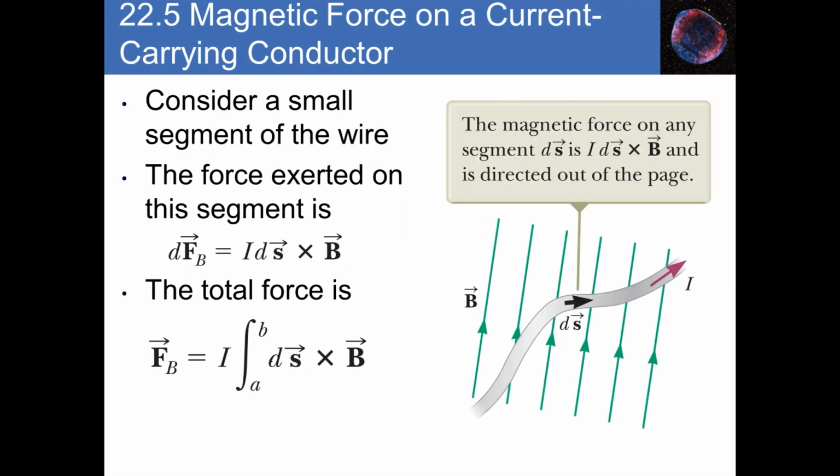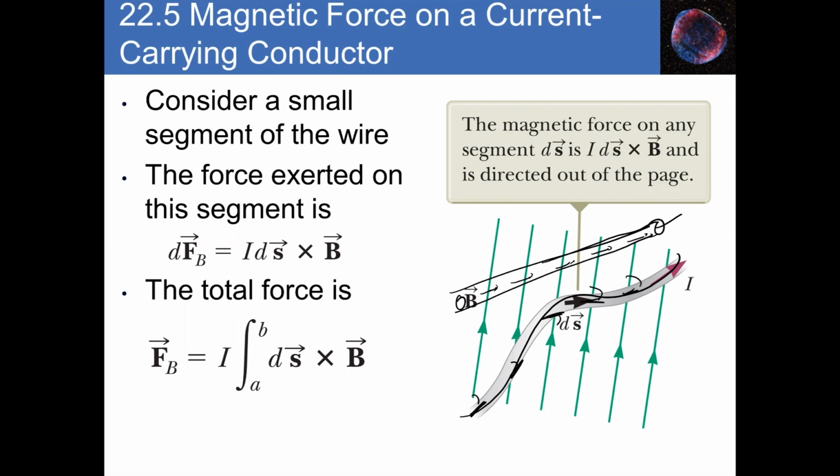Compared to before, if I have a straight wire, every small part of the wire has the same angle with respect to the magnetic field. But if you have a wire like that, it's different, because the small element here has a different phi, the small element here is a different one, this one there has a different one.